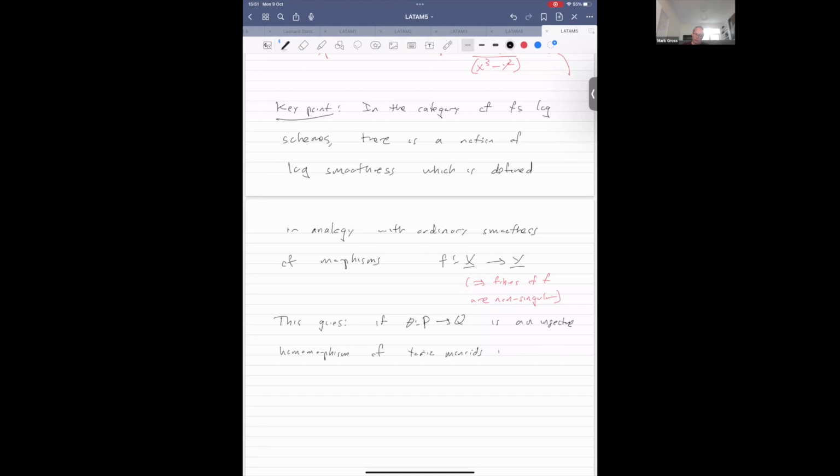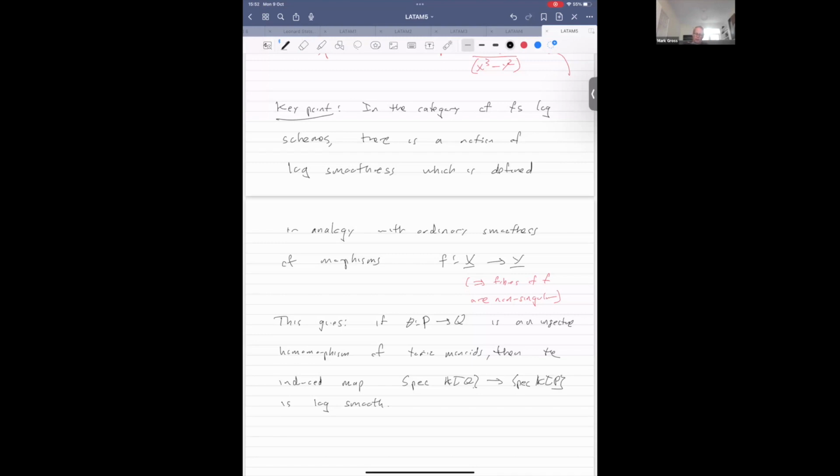Then the induced map from spec K bracket Q to spec K bracket P is log smooth.